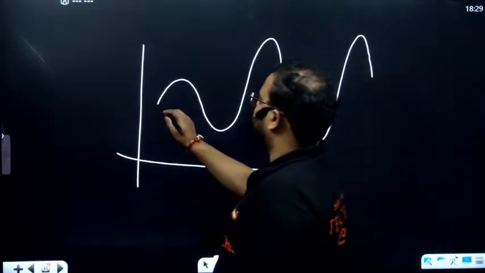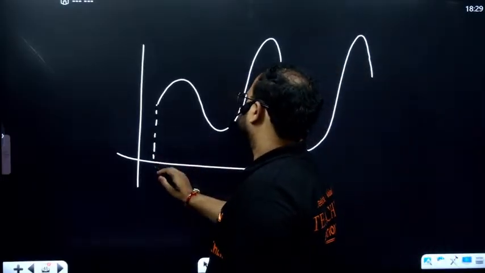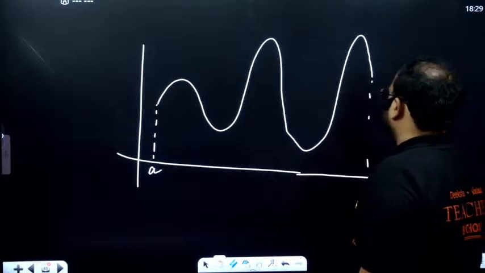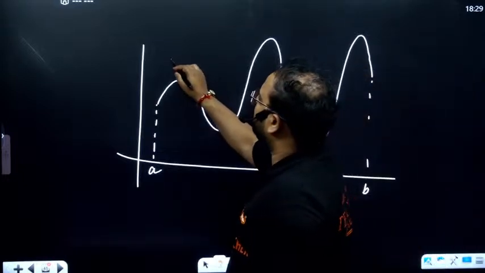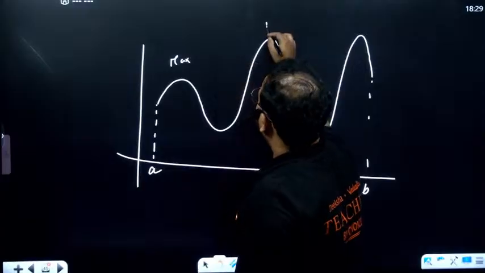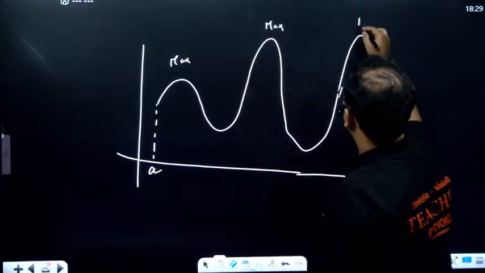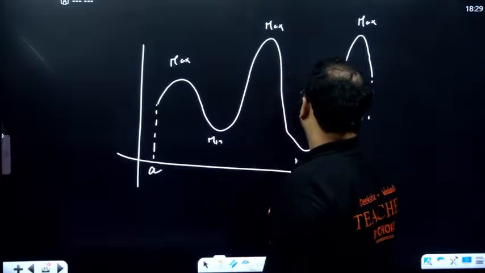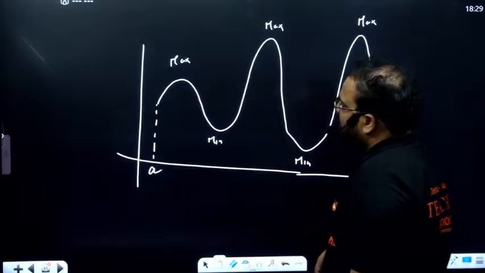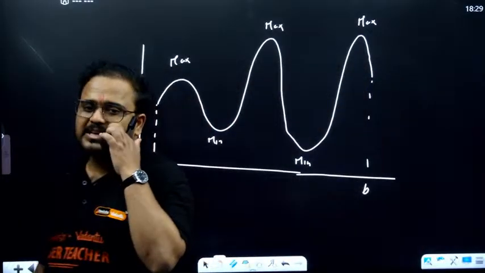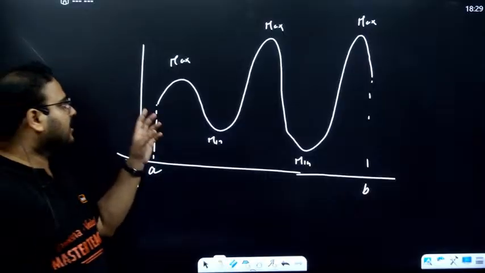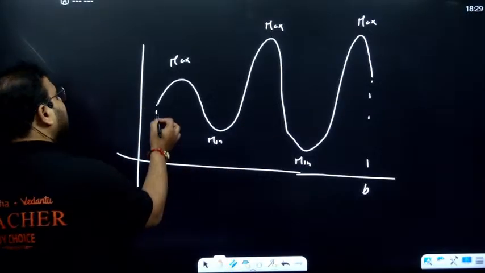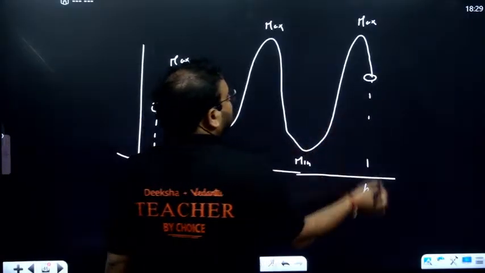This is my interval, let's say point A and point B. You can see this is, let's say, maxima, maxima, maxima, and this is what? Minima. So basically, when you're talking about global maxima, global minima, you have to check all the critical points' values alongside the endpoints' values if the interval is given closed.